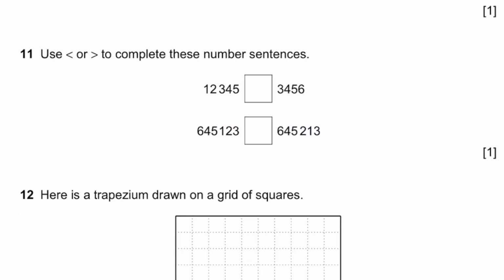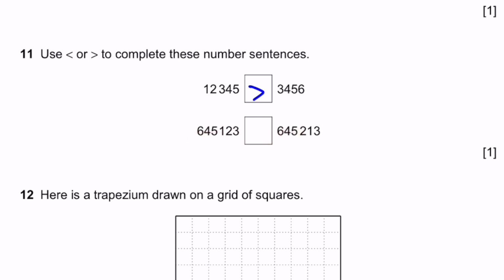Question 11. Use greater than or less than to complete these number sentences. 12,345 dash 3,456. It's greater than. This has 5 digits. This has 4. 645,123 dash 645,213. So each of them has 6 digits. First digit, 6. Second digit, 4. Same. 5 is the third digit.